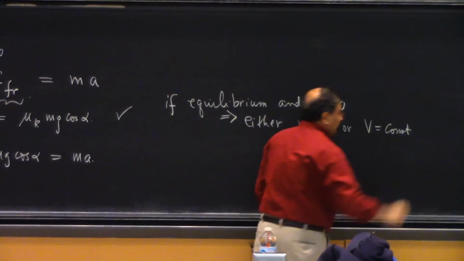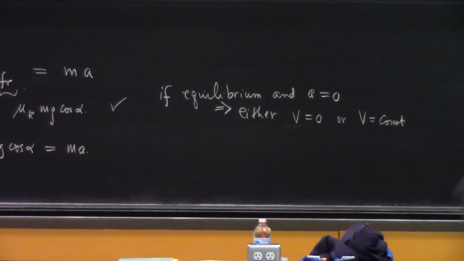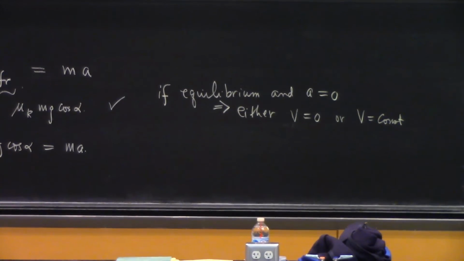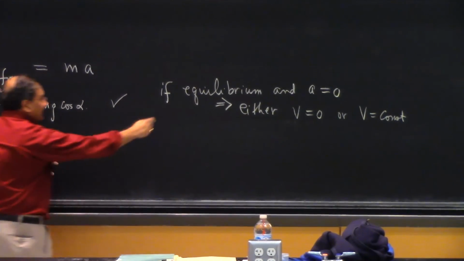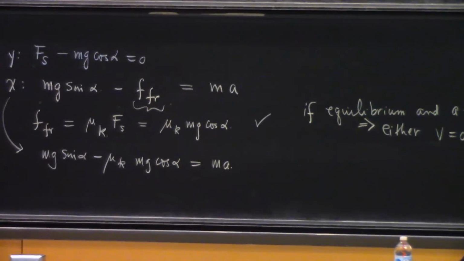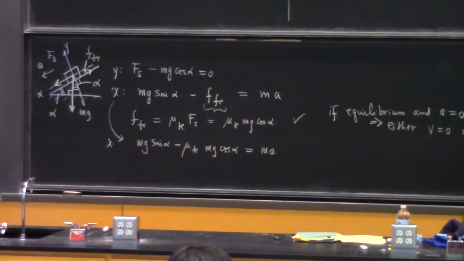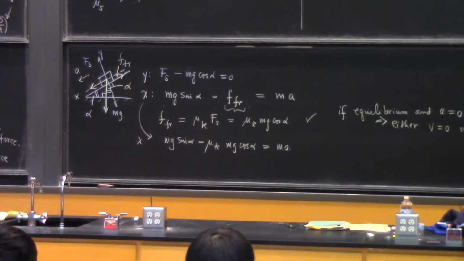Both cases are allowed by Newton's second law, because zero acceleration just means zero acceleration. That means there can be finite velocity. So in that case this side would be 0 if there is equilibrium. If there is no equilibrium, that becomes your new x equation. So in all these problems, this is the deal that's going on.